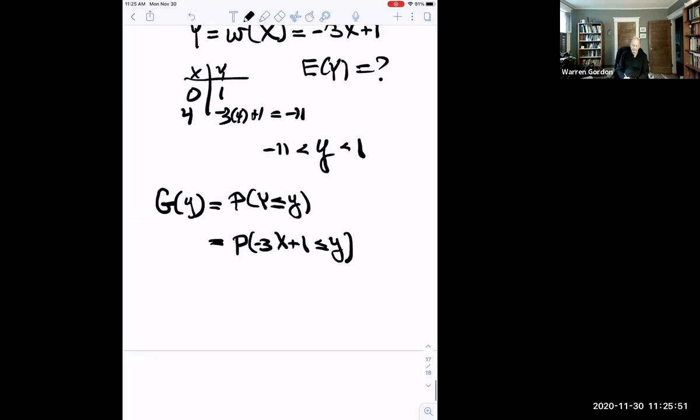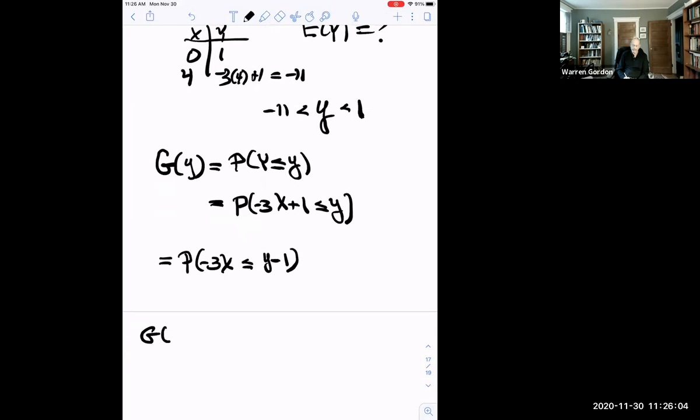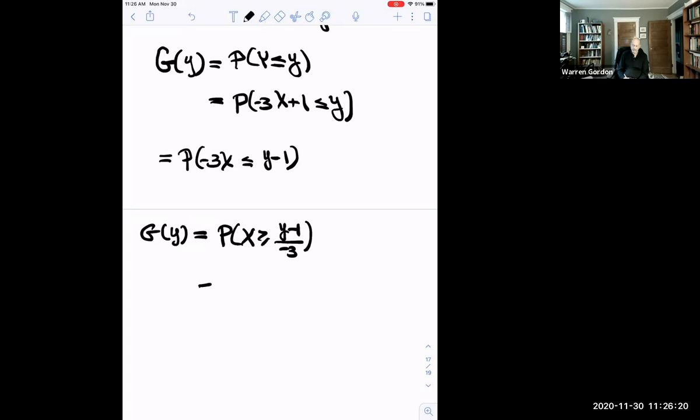Now we've got to be a little bit careful. If I bring over the 1, I get y minus 1. And remember, what happens when you divide an inequality by a negative number? It reverses the direction of the inequality. Let me rewrite this so it looks prettier. If I factor out the minus sign, I could rewrite this as (1 minus y)/3.